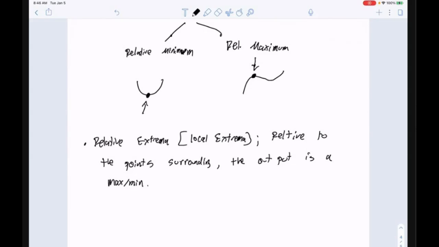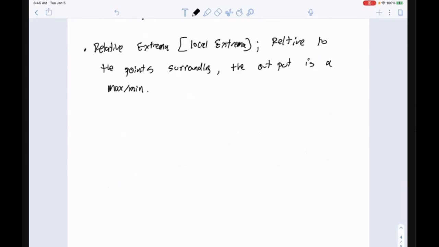Now, I want to give you the formal definition. So how do we find it?